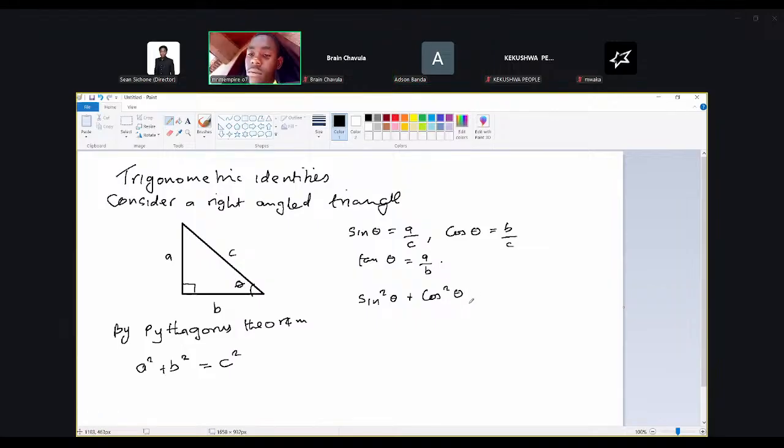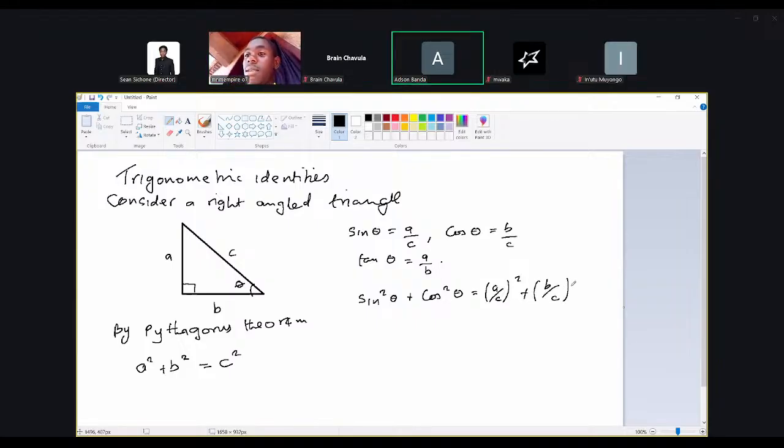Let's square and add. From the trigonometric ratios, what we have is A over C whole squared plus B over C whole squared.